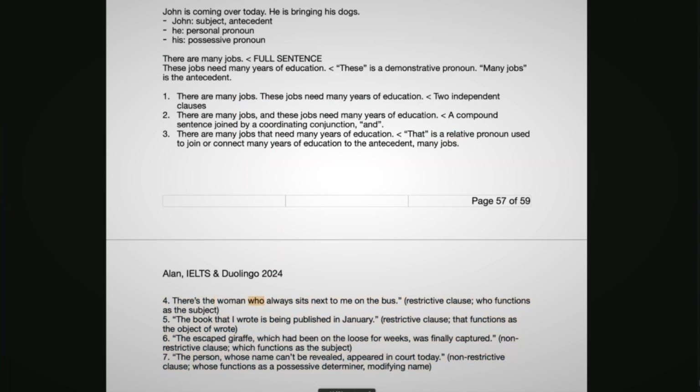So, who is a relative pronoun. This is a relative clause. This is an independent clause: there is the woman, right? This is the relative clause.